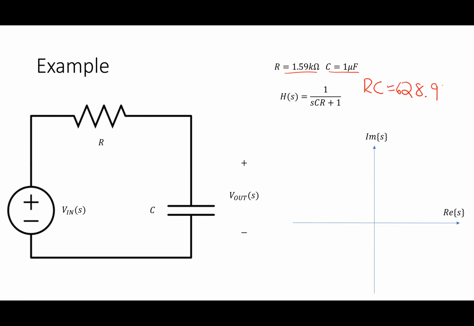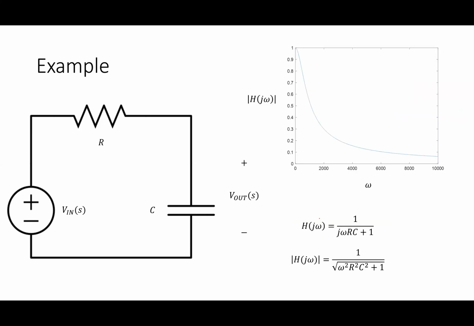And so that means this has a pole at a particular point. The pole is going to be at negative 1 over RC, equal to negative 628.9. That's where the pole is located.